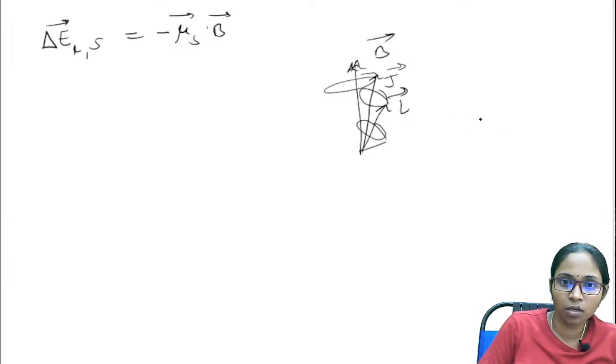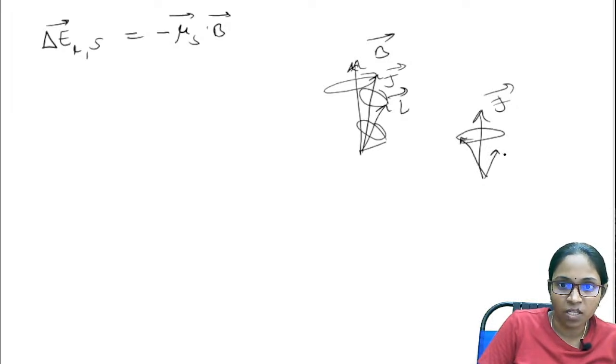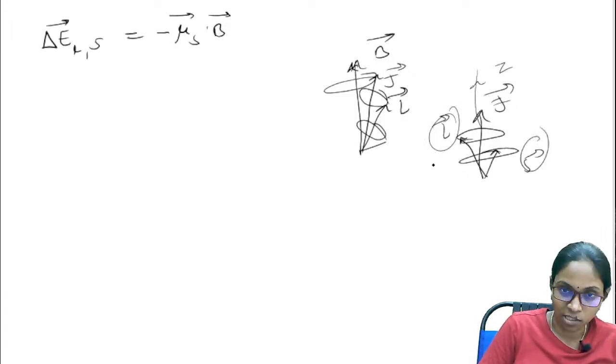Initially without the magnetic field, this will be the J bar orientation along the Z axis, and these are the orbital and spin angular momenta. These are the orientations of L bar and S bar. This is the J bar orientation along the Z axis.